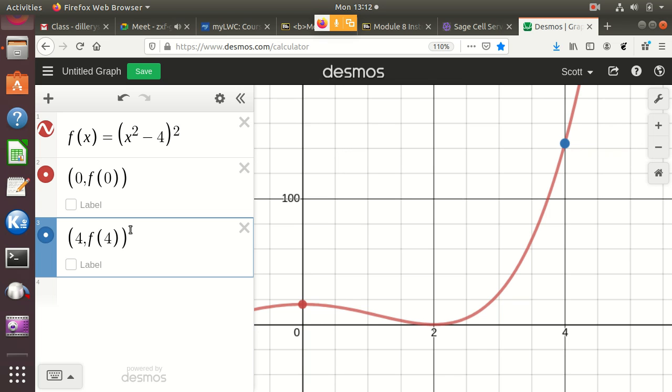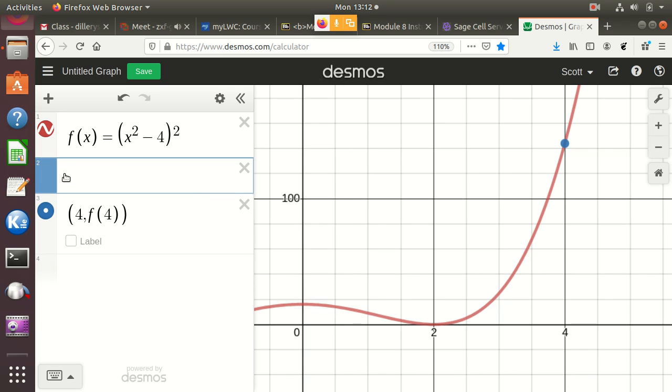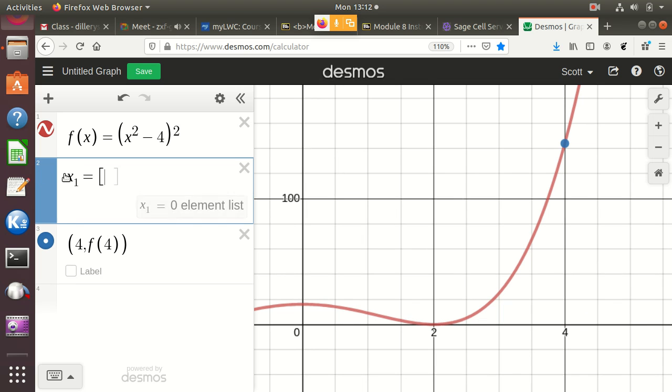Well, what are some things you can do in Desmos to maybe make your life just a little bit easier? You can use lists. So, for instance, I have x1 equals, and I do a square bracket, and I do 0, comma 1, comma 2, comma 3, like that.